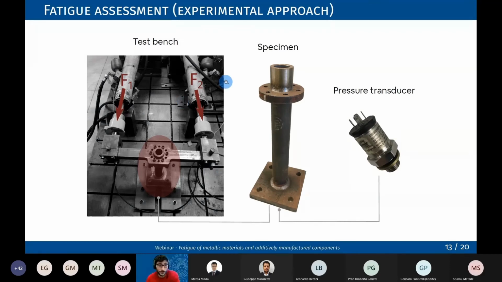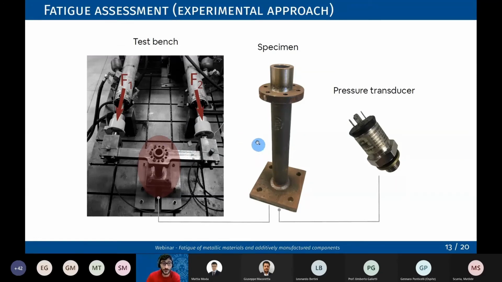From an experimental point of view, we use a homemade test bench. This test bench is made of two independently actuated actuators, so we are able to perform pure bending, pure torsion, or multi-axial loading.